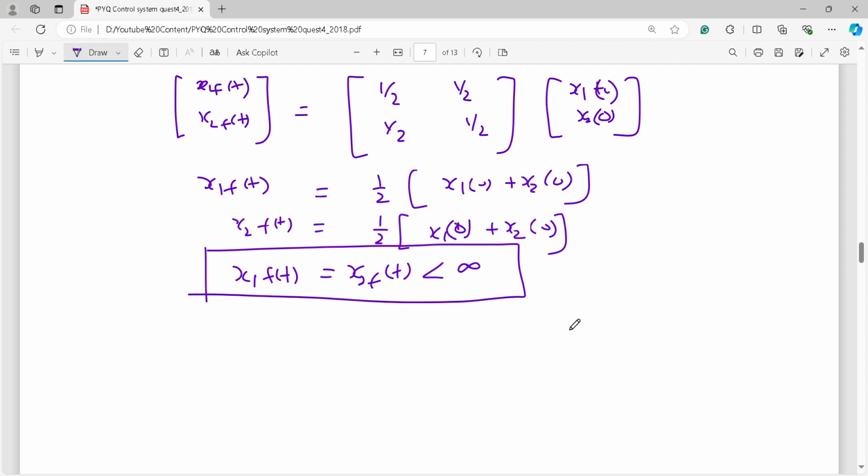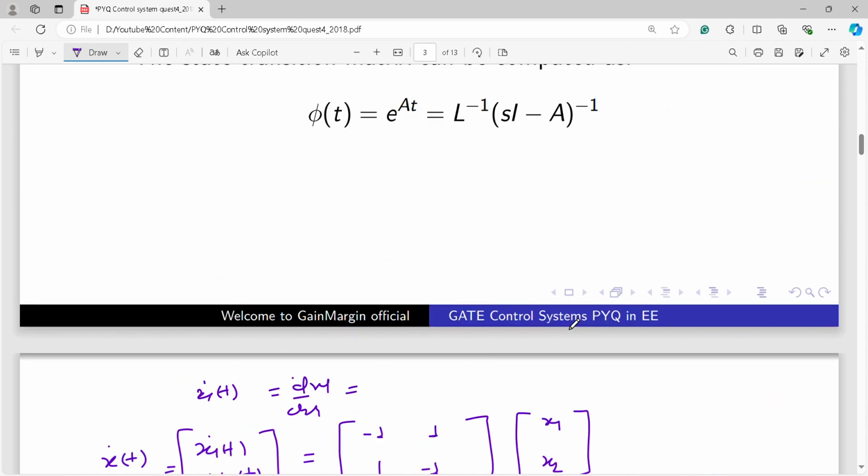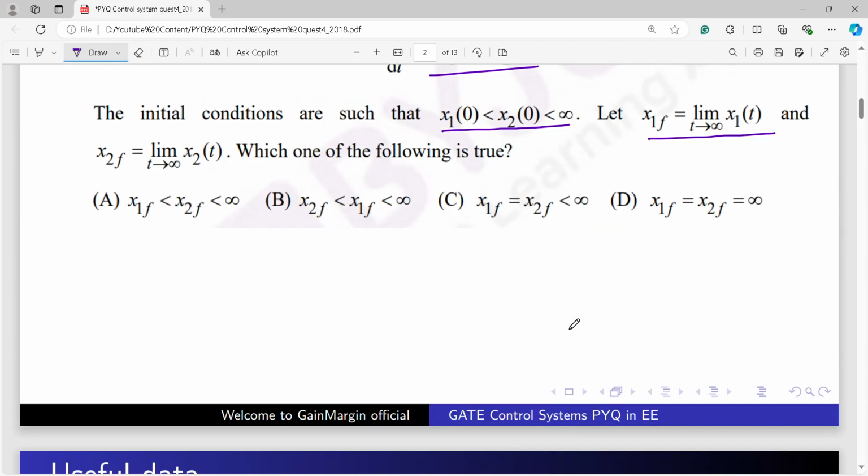Here the initial conditions x1 and x2 are not given numerically actually. If numerical values were given, we could find the answer numerically also. Okay, like they gave here x1(0) less than x2(0) less than infinity, right? This condition they gave actually. So x1 is generally 1 and 2, but the final value should always be the same. Okay, so we find this answer. So for this, which option would be correct? Option C is correct.